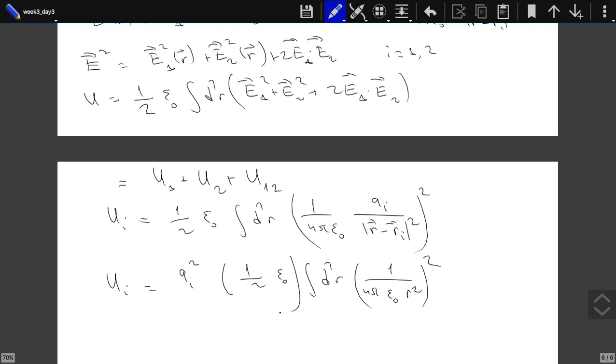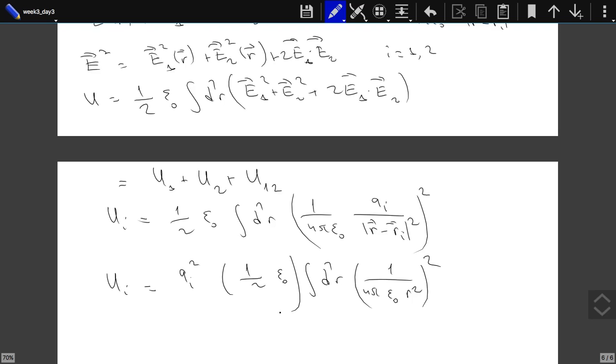Because if I move my charges from point to a different point, Ui will not change. It is constant in terms of the positions of my charges. There's no Ri dependence. They disappeared.